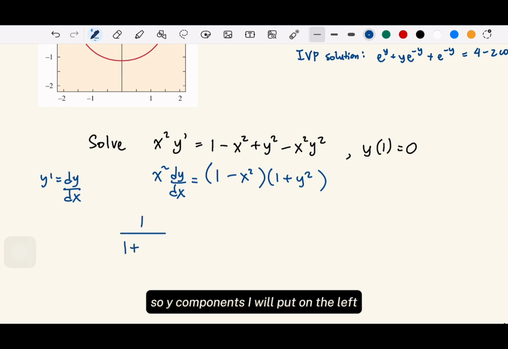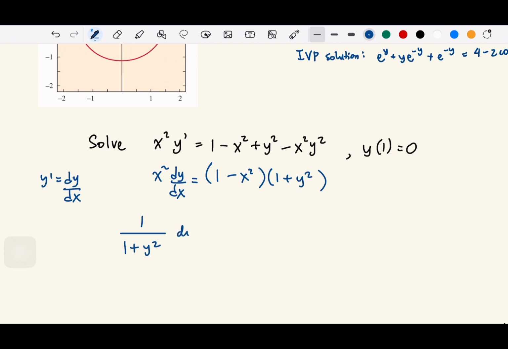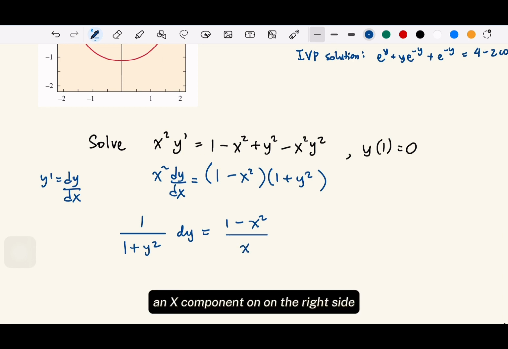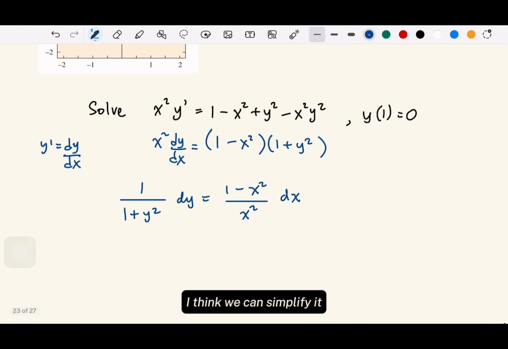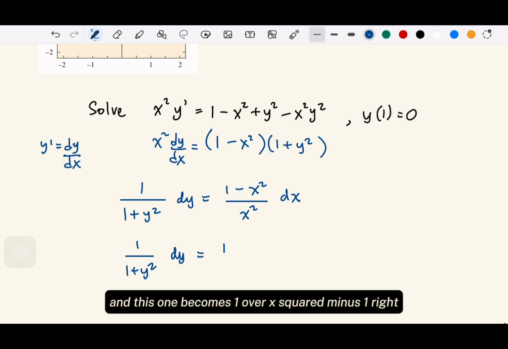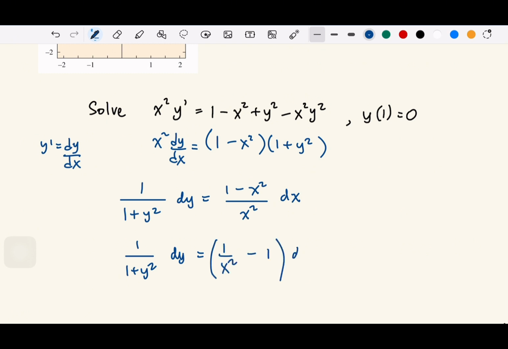So y components I will put on the left, and x component on the right side. I think we can simplify it. This one is still 1 over 1 plus y squared, and this one becomes 1 over x squared minus 1, right?